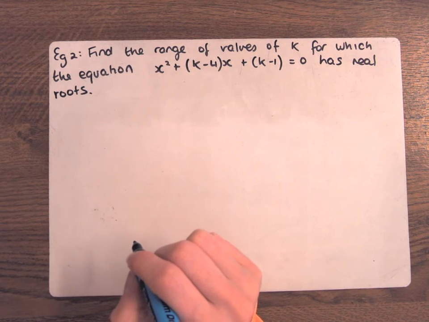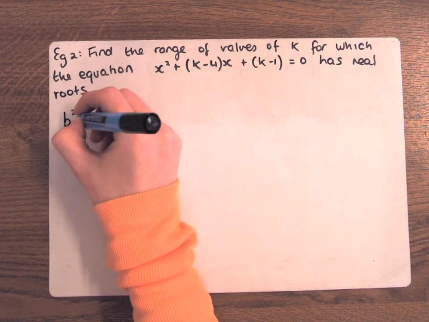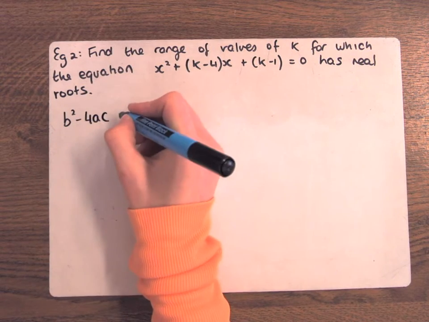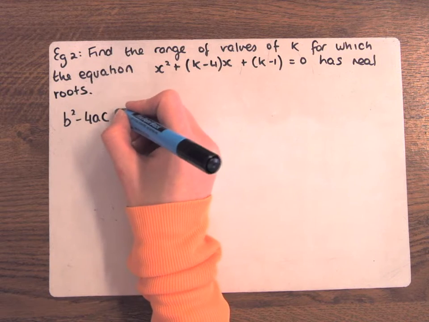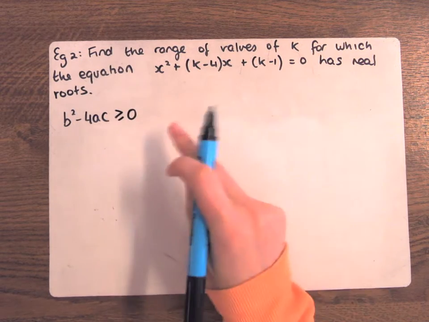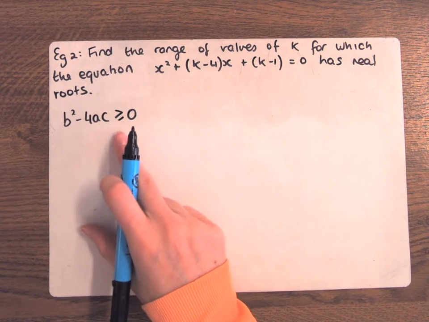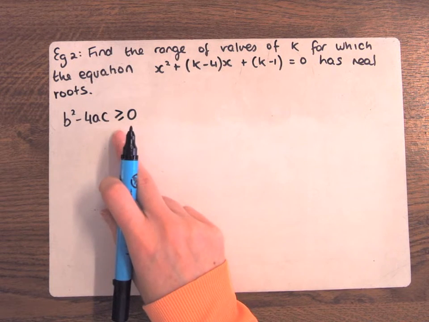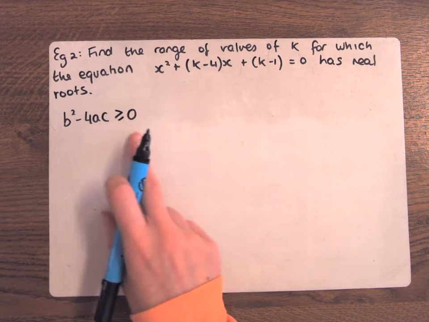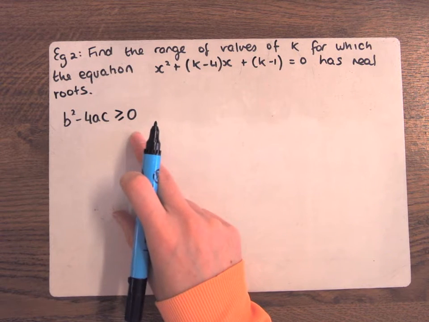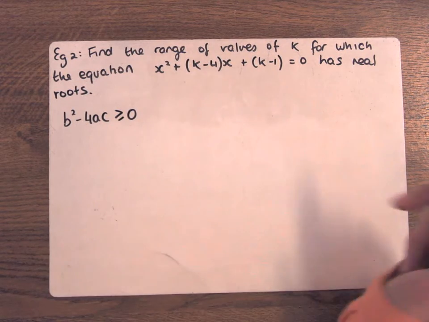Go back to your discriminant. B squared minus 4ac. Real or equal. Real means real roots, which is greater than, or equal roots, which is equal to. So real or equal, greater than or equal to 0. In your test, lots of you didn't even write that part down, and you didn't get marks for it. So easy, 3 or 4 marks just for saying that. You know what real roots means.